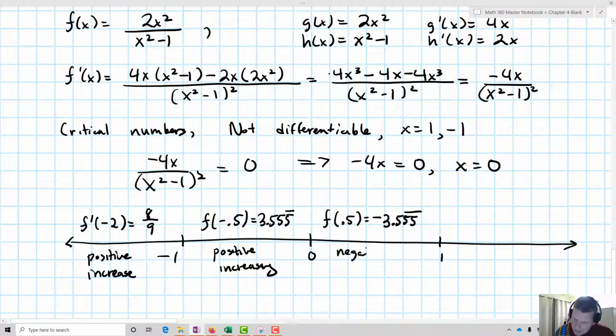And so that's negative, and it's decreasing. And f prime of positive 2 is now going to equal negative 8 over 9. So that's negative, and it is decreasing.